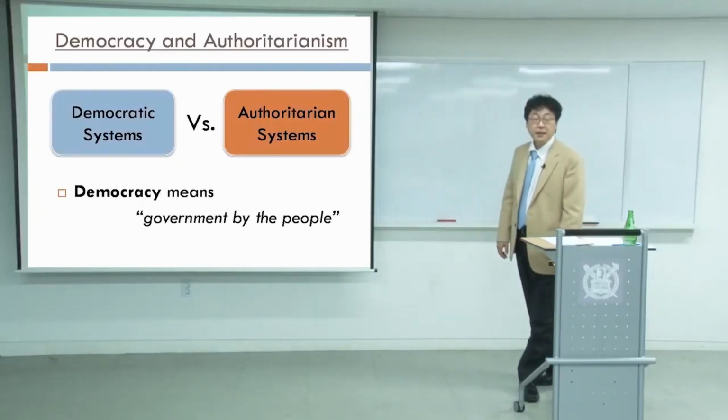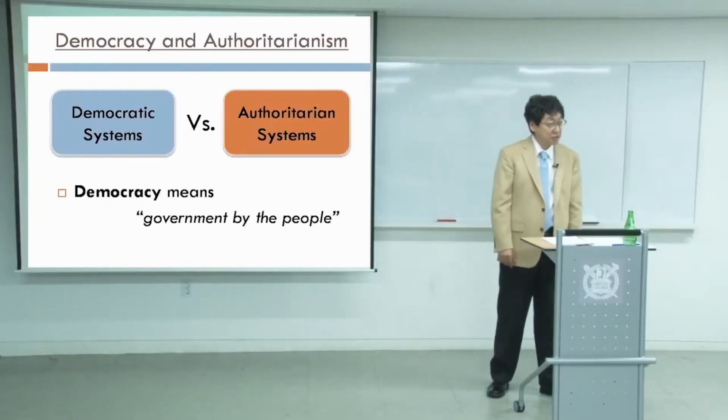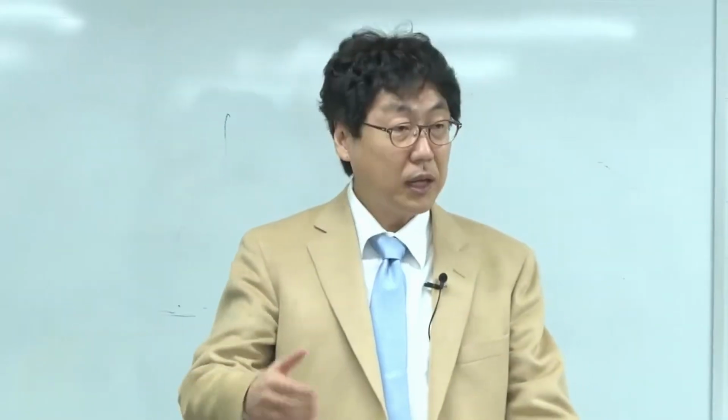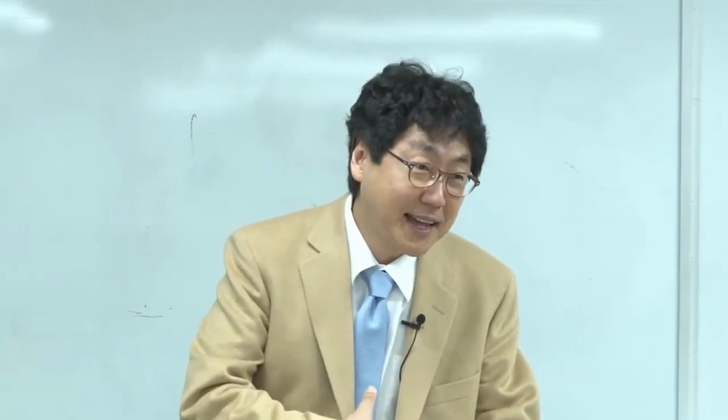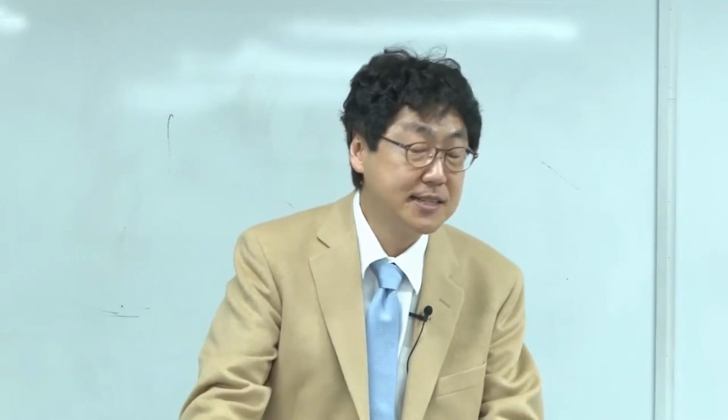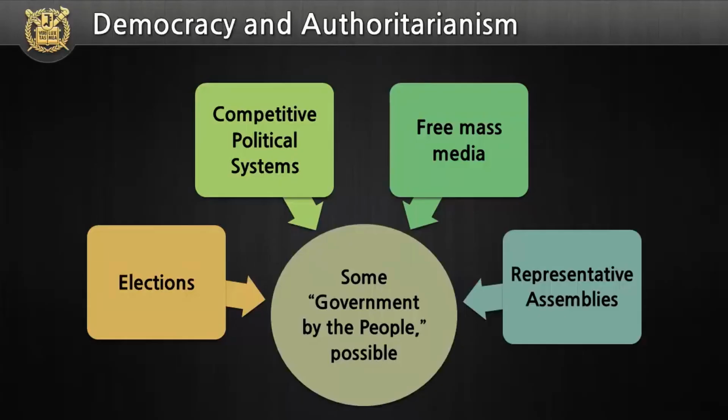So what is the second best? Indirect democracy. So we elect our representatives who will represent us in the decision-making process. For that, elections, well, to choose our representatives, we gotta have elections, right?